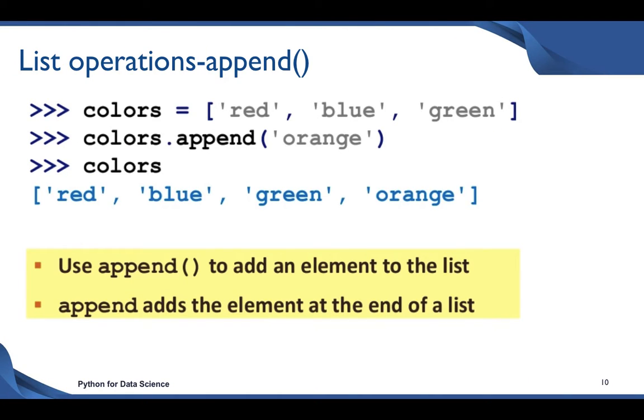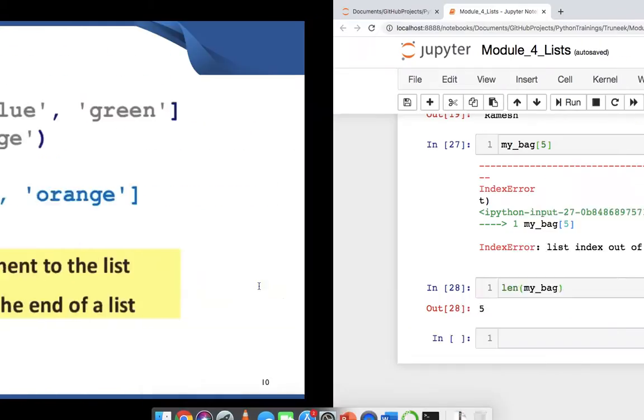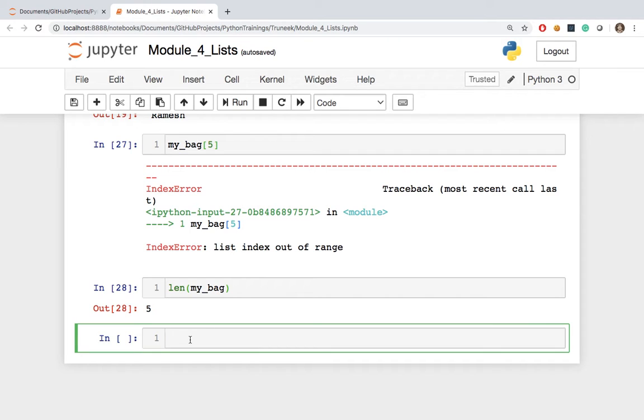Then the next operation is append. We wanted to add elements inside the list, inserting at the end position. That operation is done by using the append method. For example, I wanted to add another entry at the end of the list.